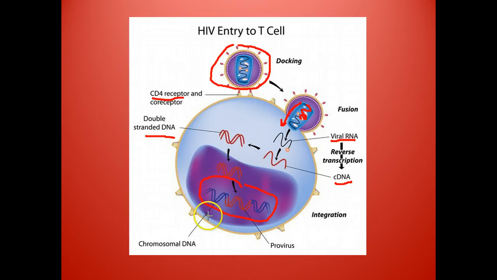Remember, this part here is representing the DNA for that whole cell. In the nucleus of every cell in our body is the entire DNA for that human being. And so this is the DNA in the CD4 cell, and that HIV incorporates itself.